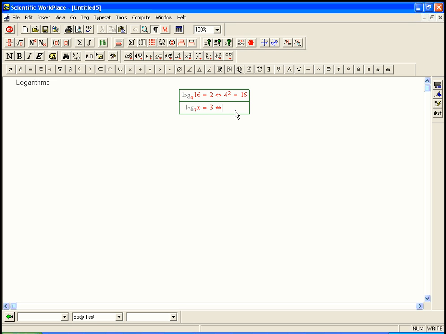So the base is 7, the mystery exponent is 3, and the claim here is that when I raise 7 to the 3 power, I should get x. So in fact, we've actually solved a logarithmic equation, really. We know that x is 7 to the 3rd, which happens to be 343.